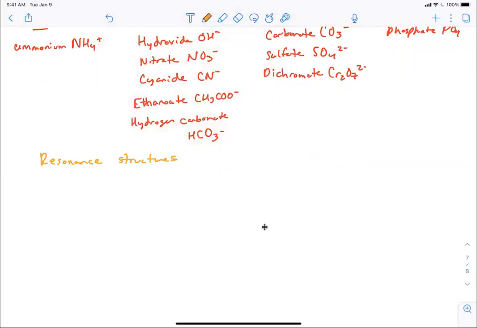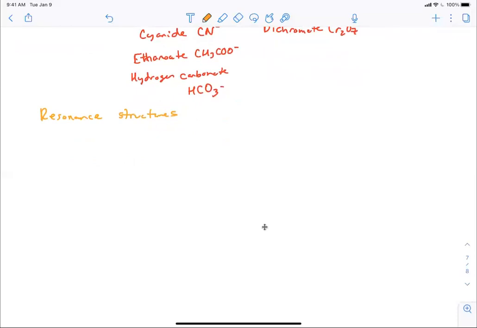While the IB says you don't need to know other ones than the ones they list, I'm going to talk about the ones they list and a couple more. Those are the main ones that show up. The first one is benzene.